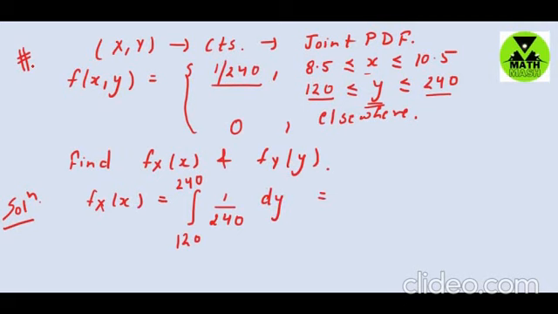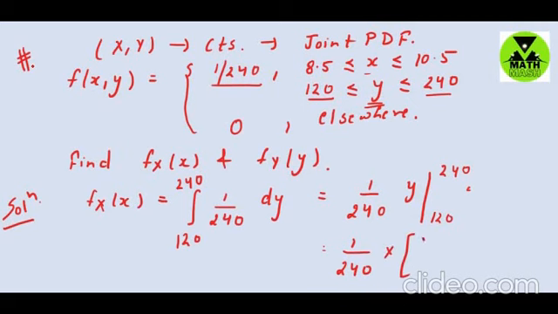This comes out to be 1 by 240 times y, where the limits are 120 to 240. So this is 1 by 240 times y, substituting y equal to 240 minus 120, which is 120 by 240, and this is equal to 1 by 2.